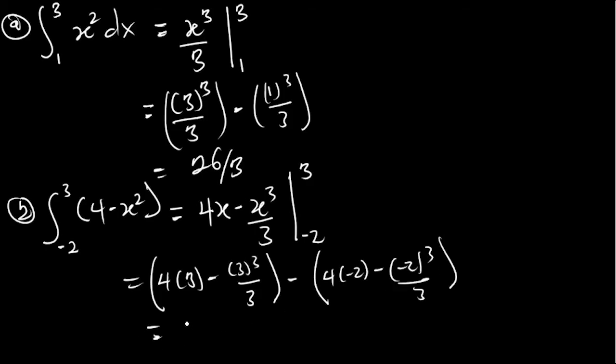And when you evaluate that, you are getting 25 on 3. Punch it on your calculator. So this is all about the definite integral. You just integrate your function, put in the values of the limits, which is the upper limit minus the lower limit. Are you okay? All right.